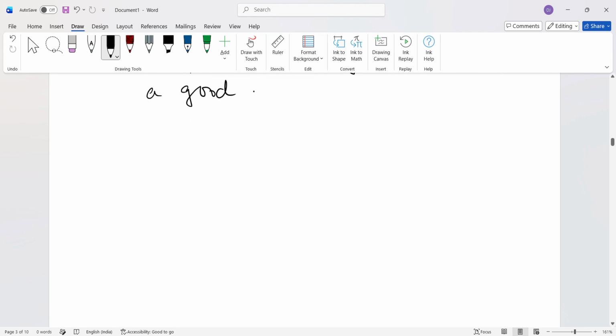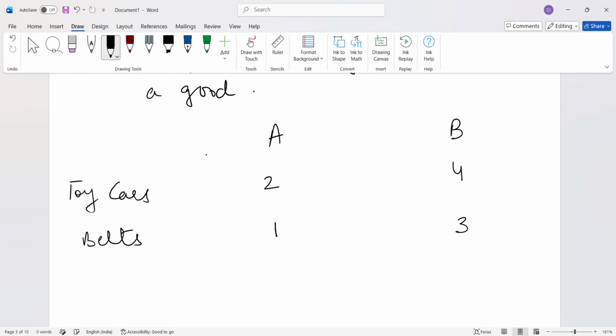Okay, again I'll give you an example so that you understand it better. Suppose I have country A, country B, and I have here toy cars and I have belts over here. I've given you 2 and 1, and I have given you 4 and 3. Obviously, it would be mentioned in the question whether these numbers represent worker hours or units of goods produced.